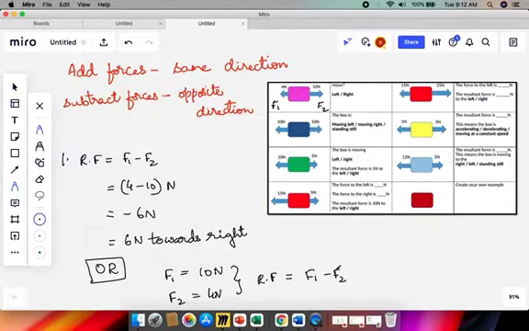Hence, I am subtracting the second force here. So that will be 10 minus 4 Newton, which is equal to 6 Newton. In this case, we are getting a positive sign, indicating that the resultant force will be along my reference force, which is the first one, 10 Newton. So here it can be written as 6 Newton towards right.